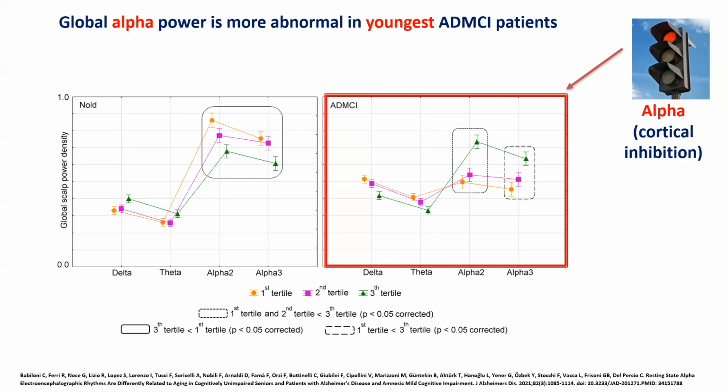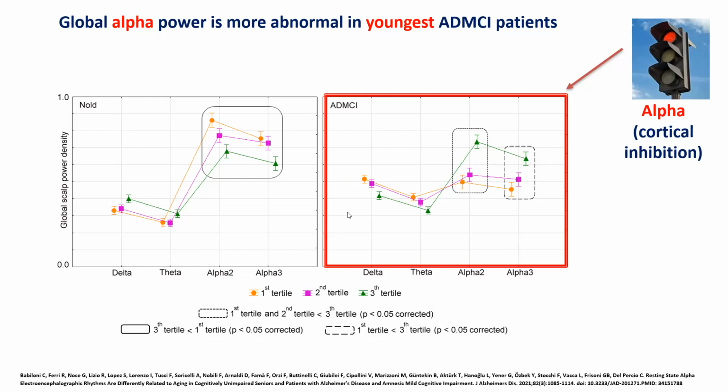This means that if you are young, for example 60-year-old, and you have a diagnosis of Alzheimer's disease MCI, you have a more abnormal generation of alpha rhythms. So a more aggressive Alzheimer's disease in relation to patients with Alzheimer's disease MCI, but at older age.